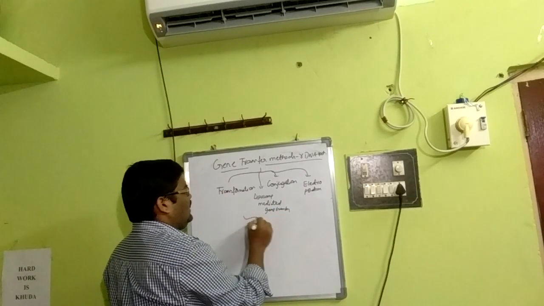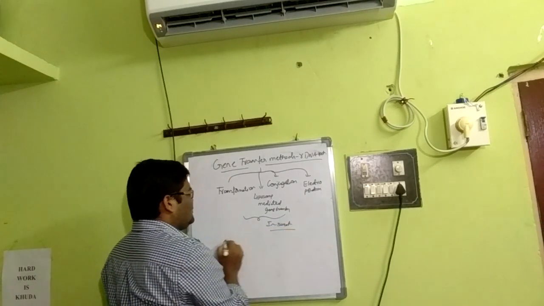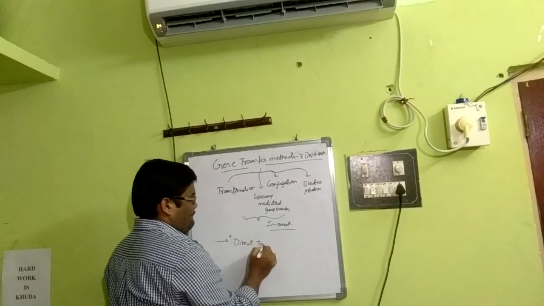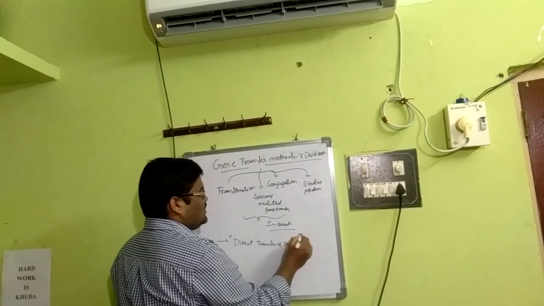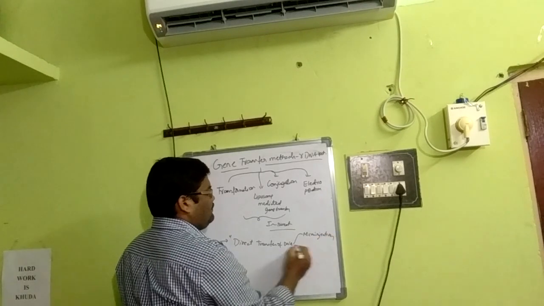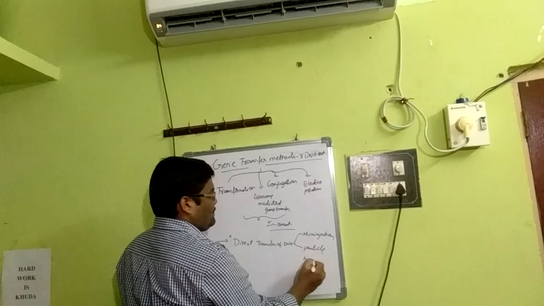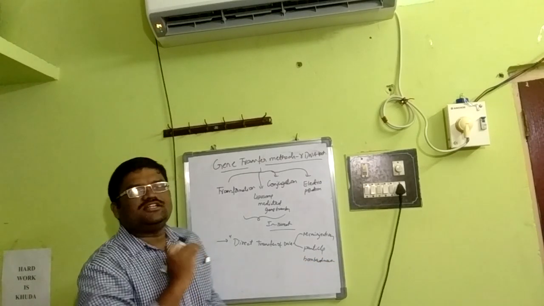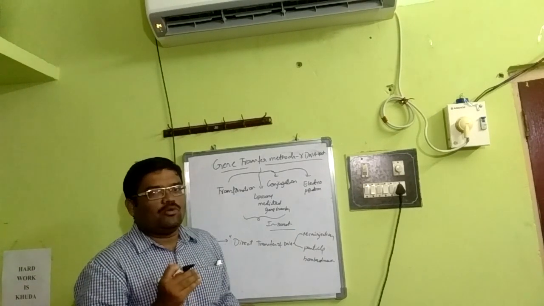These are the indirect ways. But there is one more, what we call direct transfer of DNA. Direct transfer is by microinjection and particle bombardment. These are the different ways of gene transfer that are commonly used in recombinant technology.